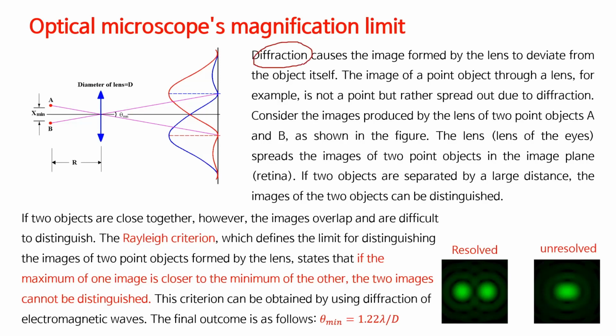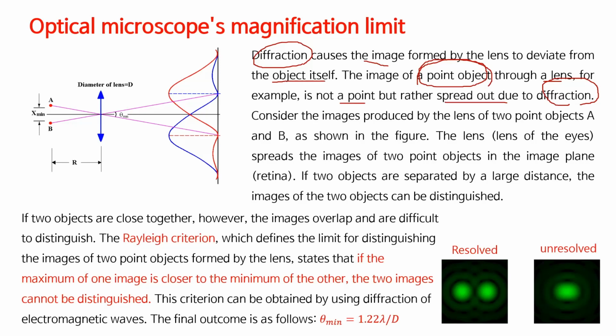Diffraction causes the image formed by the lens to deviate from the object itself. The image of a point object, so a point source, through a lens, for example, is not a point but rather spread out due to diffraction.